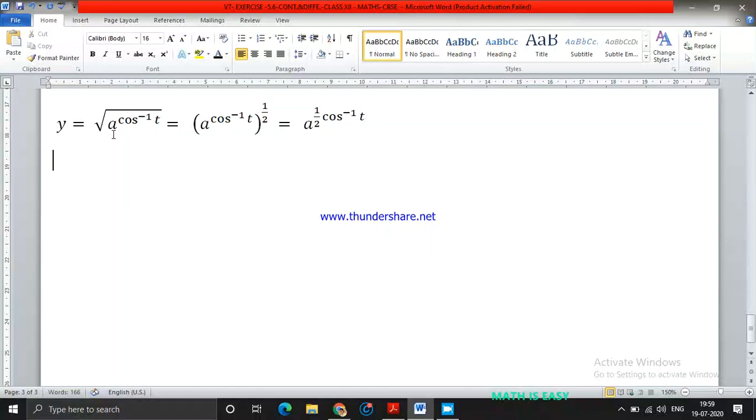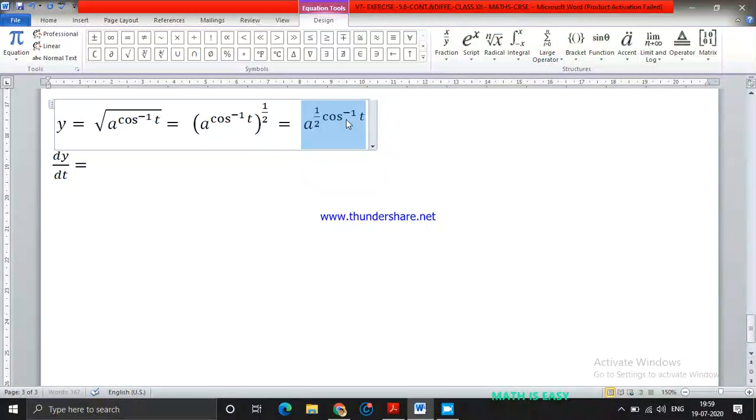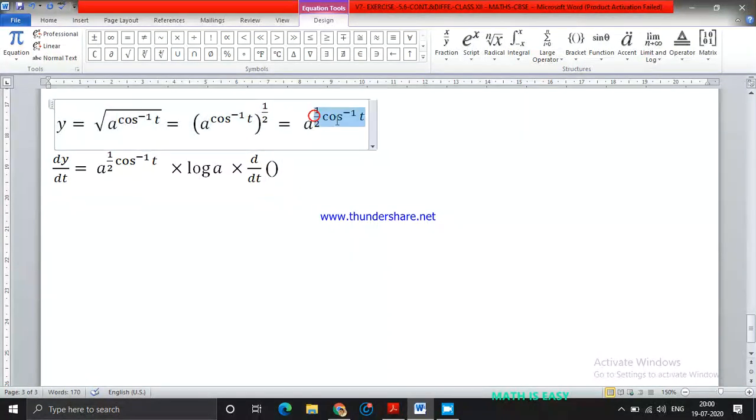You have to find dy by dt. It will come dy upon dt is equals to, now differentiation of a to the power of theta is a to the power of theta into log a into derivative of theta. A to the power of theta into log a into d upon dt of half cos inverse t, because this is the theta which we assume.